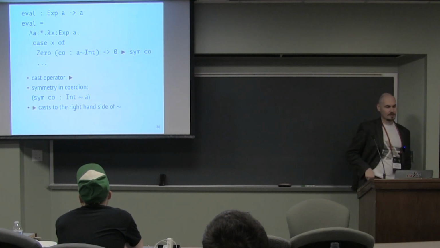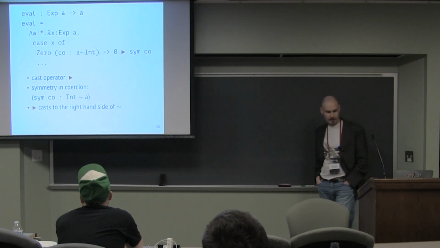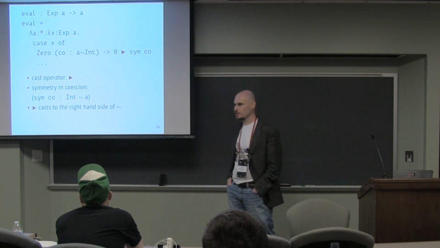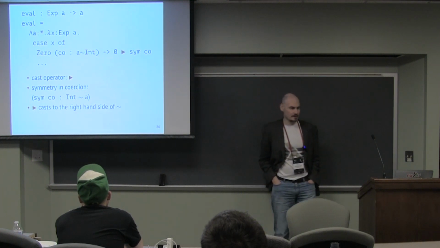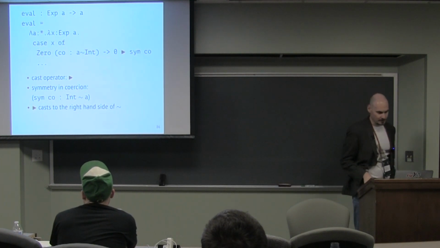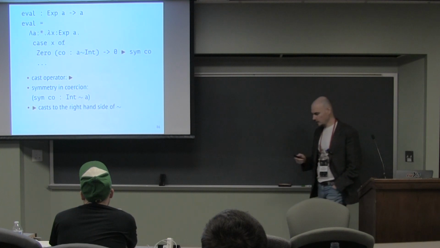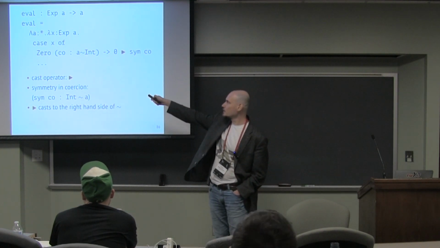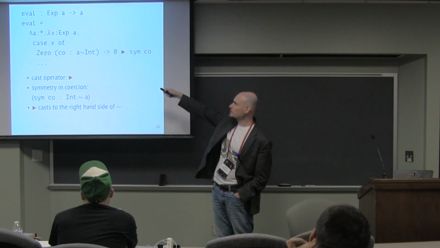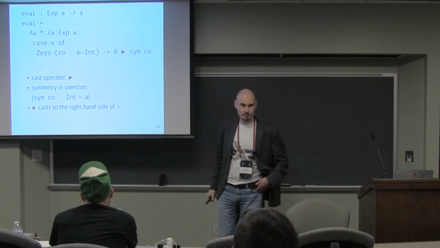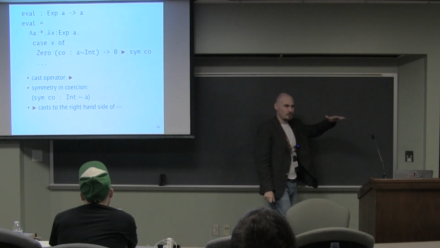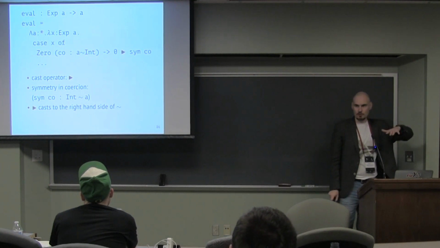And this is an example of the eval function in its GHC core form. Let's find out how to read this. We have a big lambda for the type here, a small lambda for our expression, and then we have a case expression on X. We don't use pattern matching in GHC core.